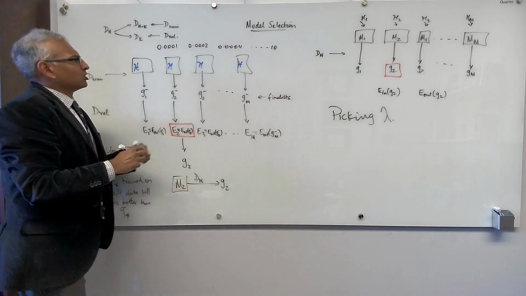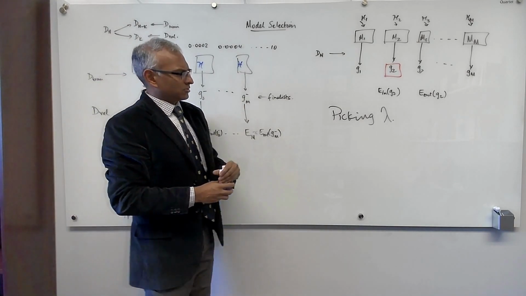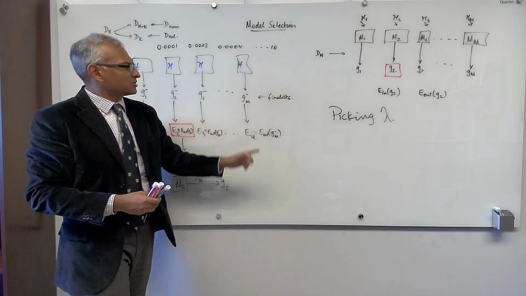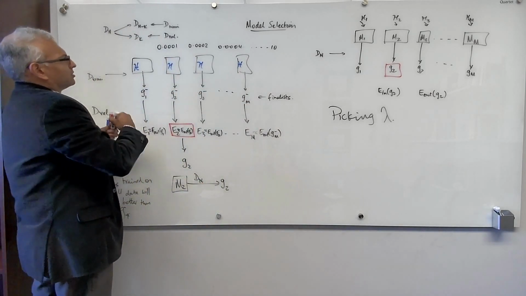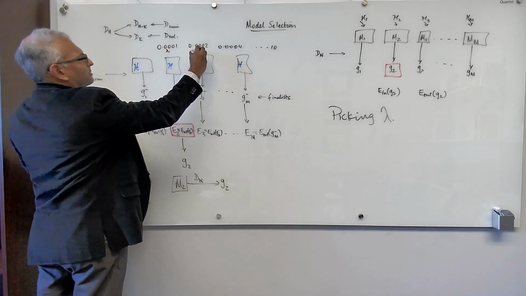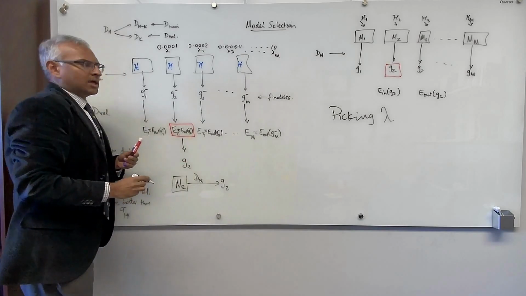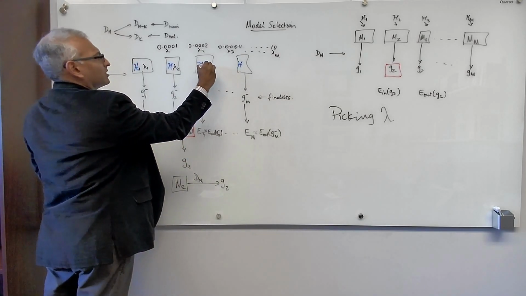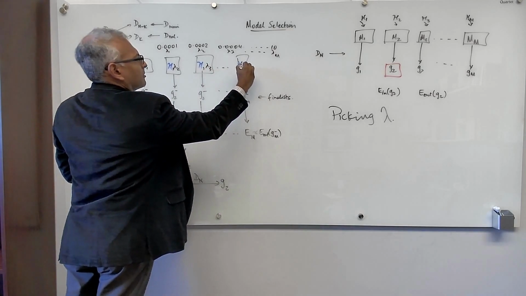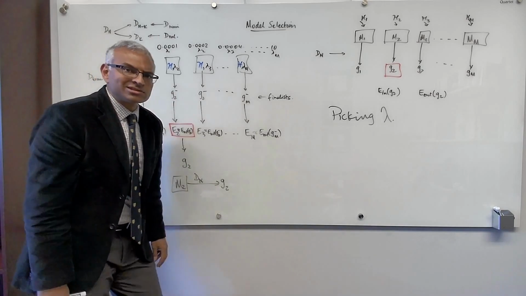Okay, and that's not going to be too many models, so that the error bar for the validation error will be reasonable. And I can define this as lambda 1, lambda 2, lambda 3, and so on up to lambda m. I define one model with lambda 1, another model with lambda 2, another with lambda 3, and so on, lambda m. And I have defined m models, and then I just run model selection.